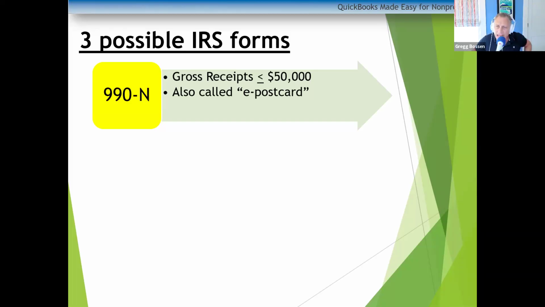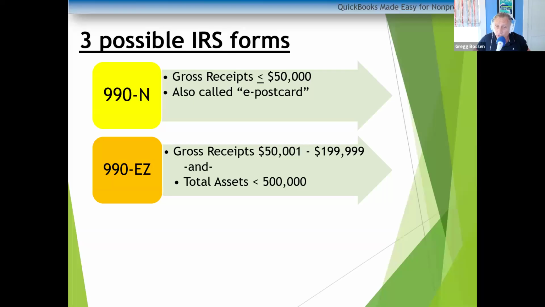Okay. So the 990N is if your average gross receipts, and we'll talk about that in a minute, are less than $50,000. Then you can file a 990N, also called an e-postcard, and you can file that online.